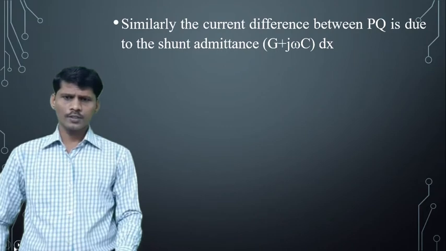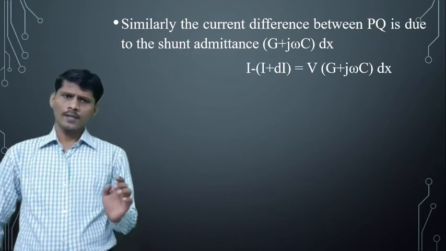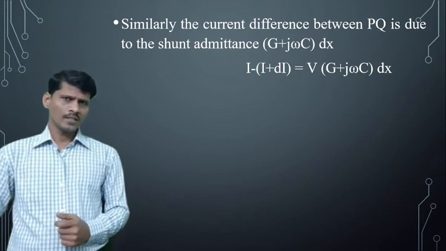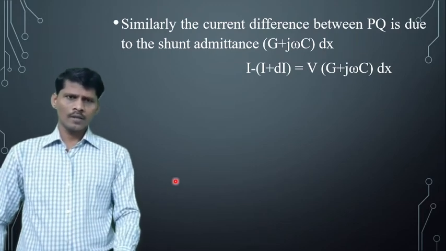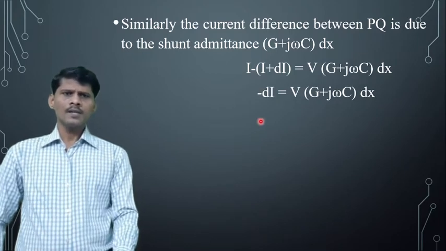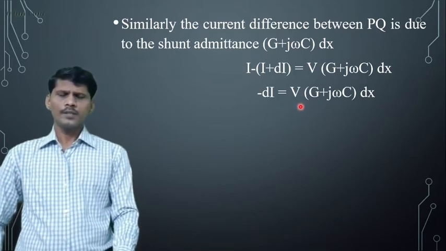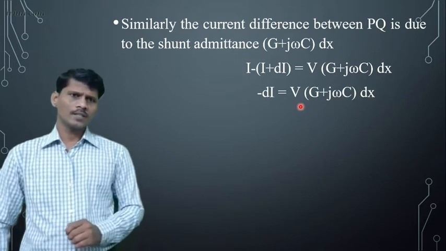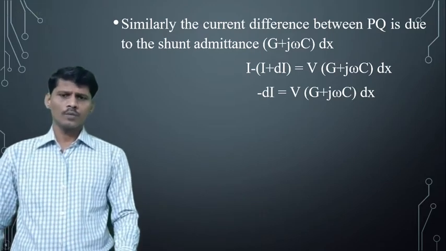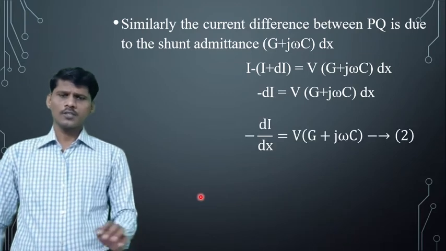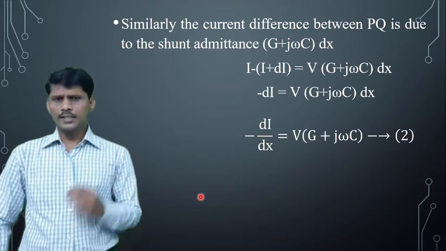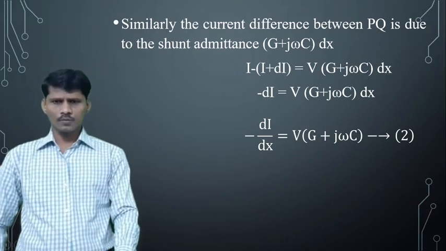Therefore, I minus (I plus dI) equals V into (G plus j omega C) into dx. On the LHS, plus I minus I cancels. We have minus dI equals V into (G plus j omega C) dx. Dividing by dx, we have minus dI by dx equals V into (G plus j omega C). That is equation 2.